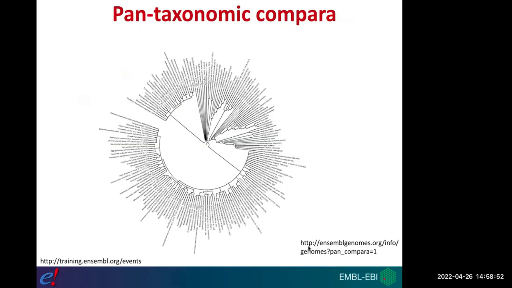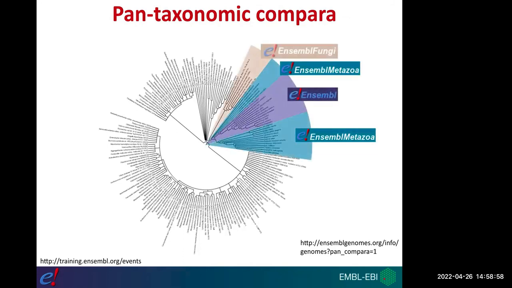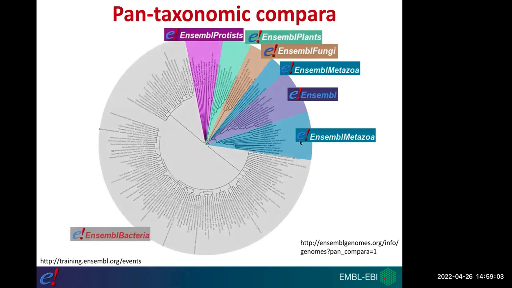Then we also perform what we call pan-taxonomic compara. This is where we take representative species from each of the divisions in Ensembl and Ensembl Genomes. So we take some vertebrates, some non-vertebrate metazoan species, fungi, some plants, some protists, and bacteria, and we perform all of these analyses on these species to be able to look at the whole tree of life in our analyses.